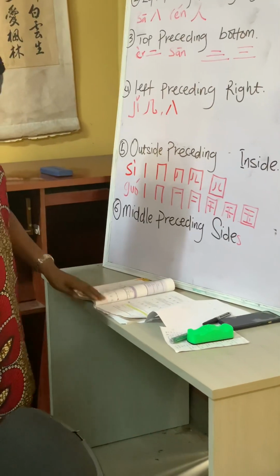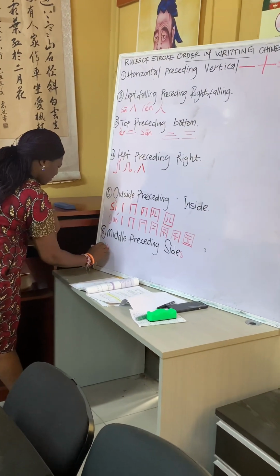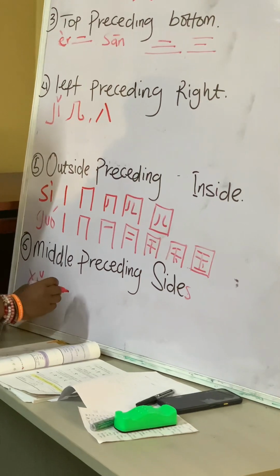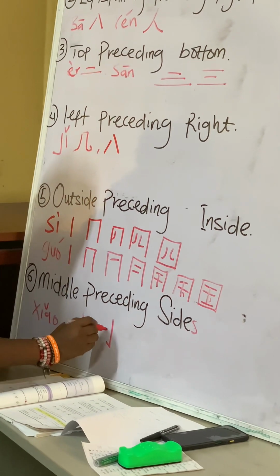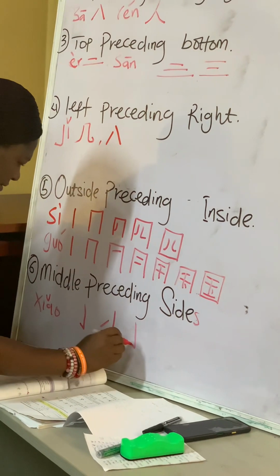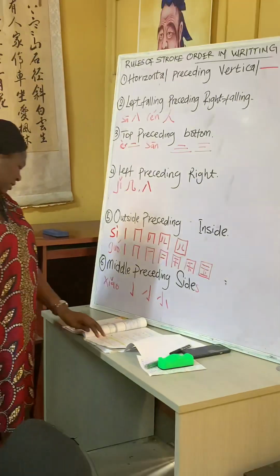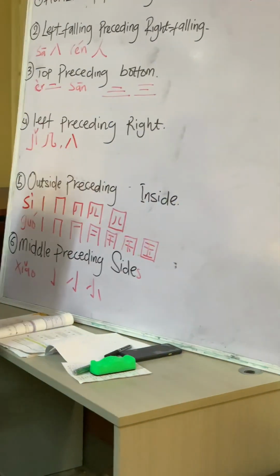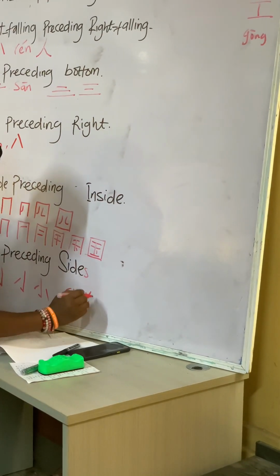Example, we have xiǎo. What is xiǎo? Small. So we're writing with the middle first. This is the middle, then here, then here. Now, another example is shuǐ, water. Shuǐ means water.